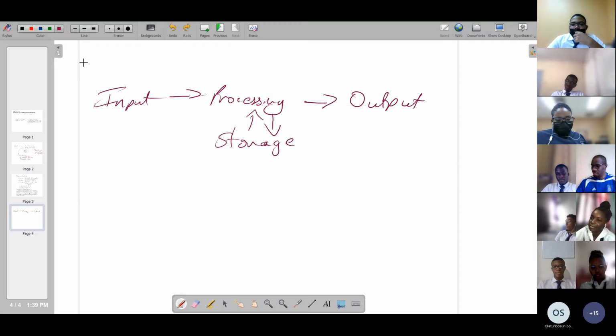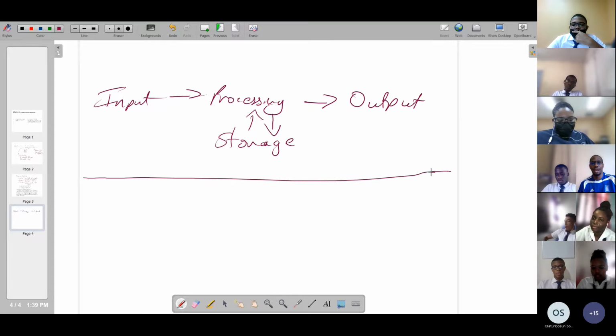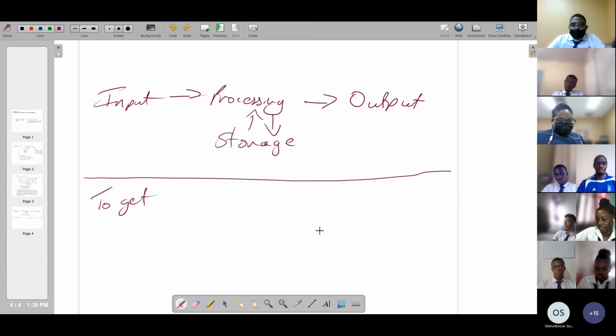All right. So just looking at input and output for doing our algorithms, of course, when we want to get a value, or let me type it up because it'll seem better typed up.